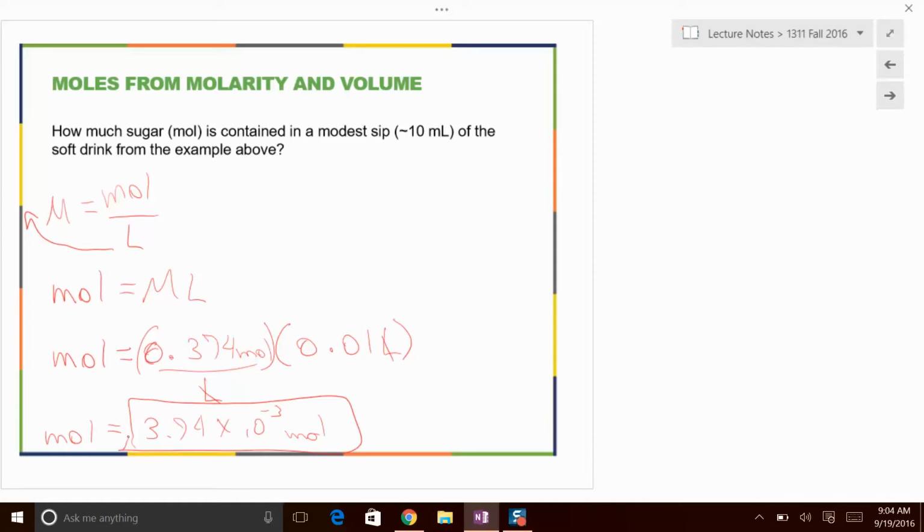I take a sip of that, it's about 10 milliliters, and there's 3.74 times 10 to the negative 3 moles in that sip. Whereas in 1 liter, there would be 3.74 moles of it. Okay, so that's how I'd find the moles from the molarity and the volume relationships.